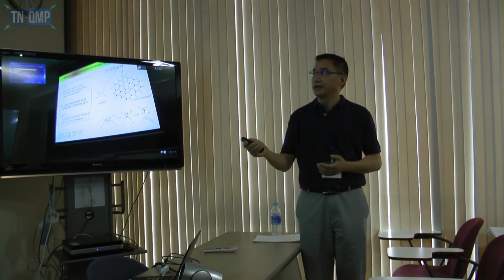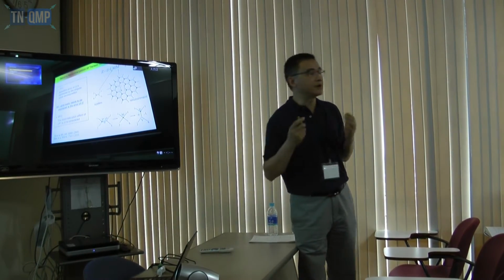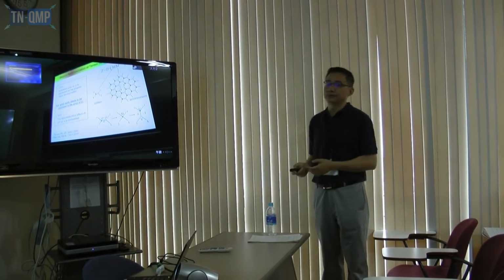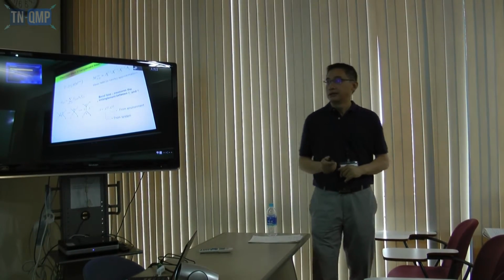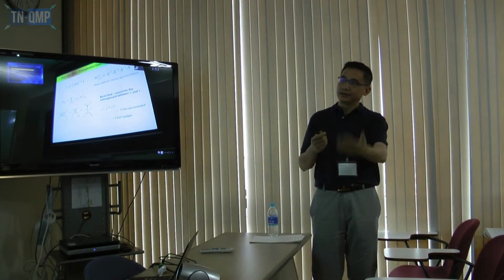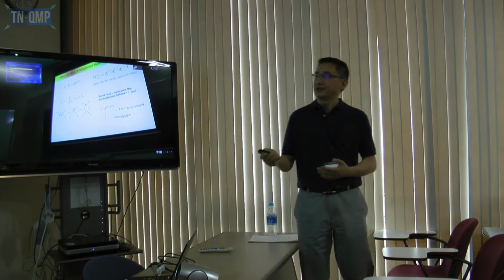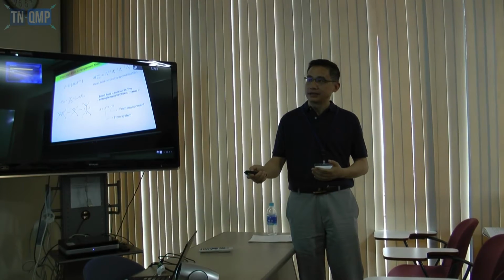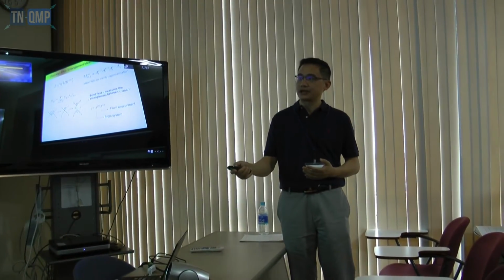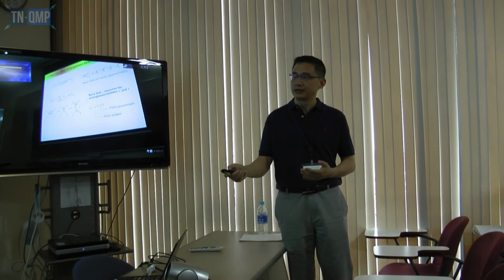Then the key question here is how to calculate this environment tensor using the approach I told you before. That's actually the trick. The whole trick is that you can do this in two ways. One is very simple, because when we do this singular value decomposition, we also get a bond vector, the lambda.